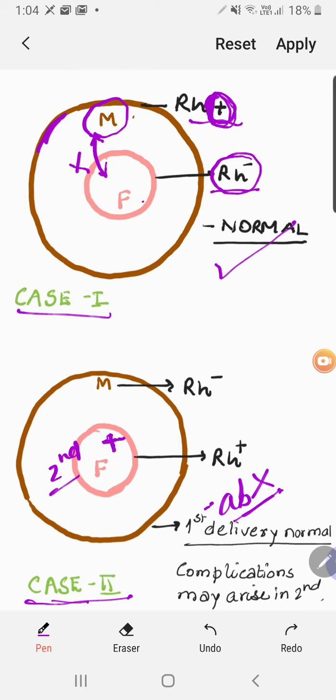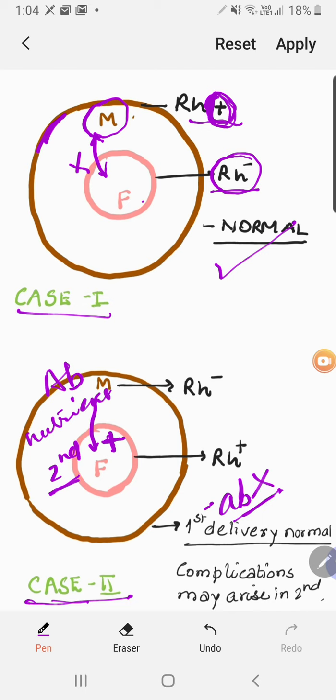For that reason only, in the second delivery, if the fetus is Rh positive, the mother, while transferring nutrients and oxygen to the baby, will also transfer antibodies. Remember, the blood never comes in contact, but the antibodies can be transferred to the fetus just like nutrition and oxygen. So there may be a chance of problem in the second and subsequent deliveries.